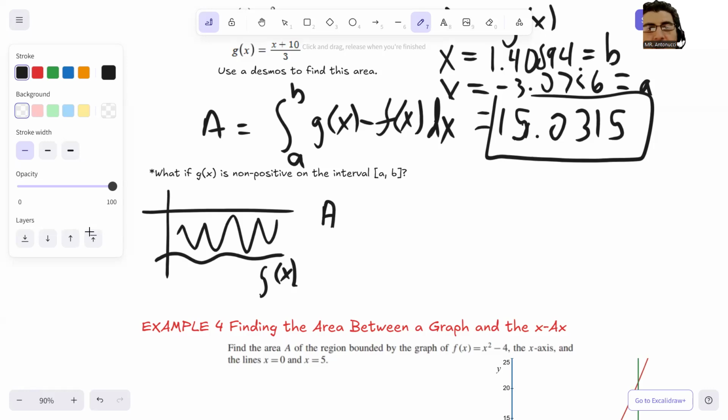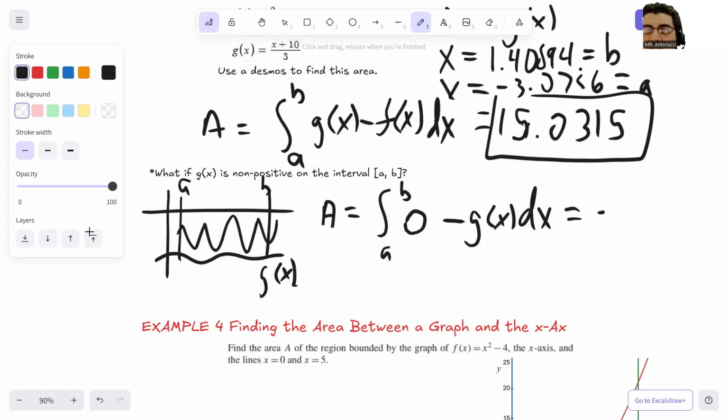Well, actually, the area from, let's say, here to here, A to B, the top boundary is actually the line y equals 0, and then the bottom boundary would be g of x dx. So that's equal to negative integral from a to b of g of x dx.